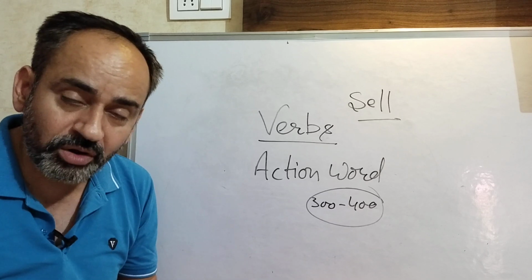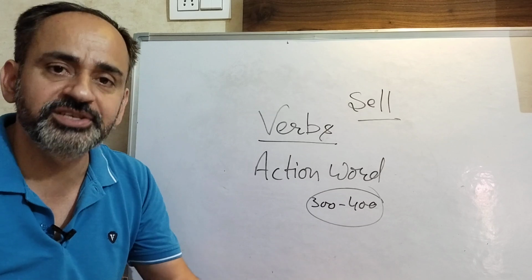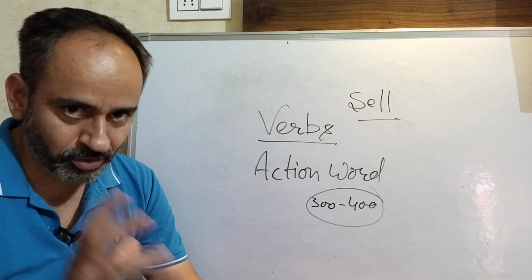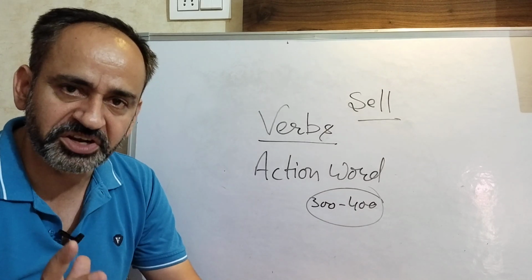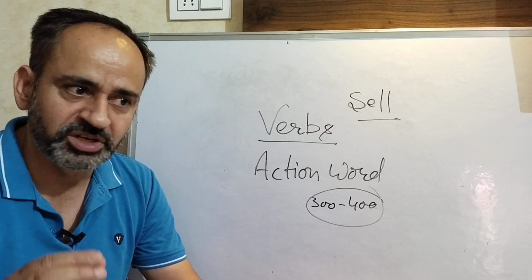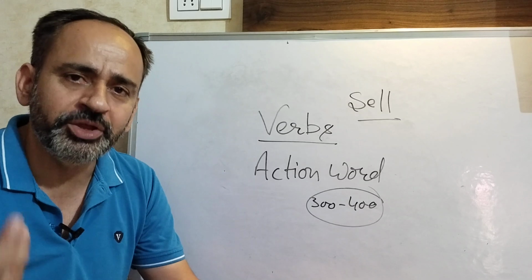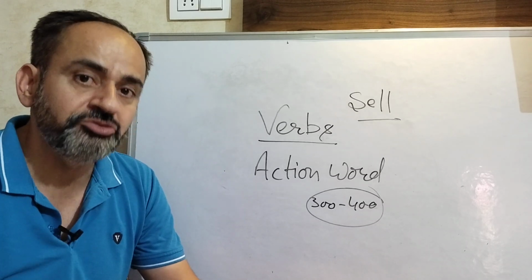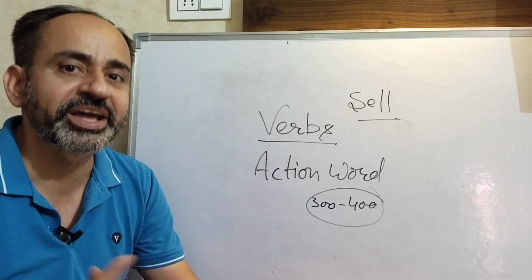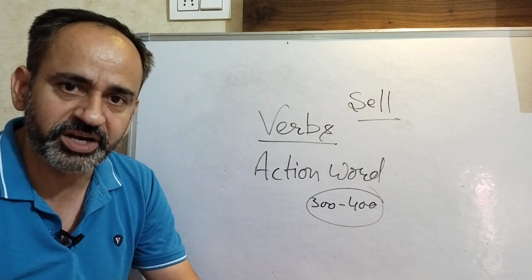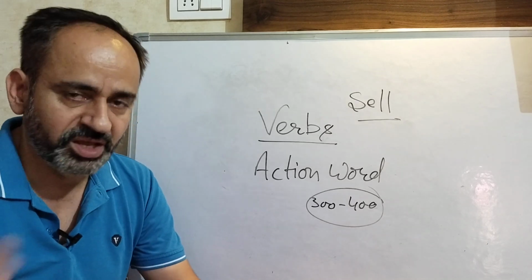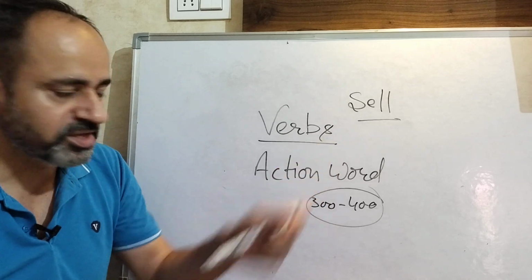If your verb is wrong, your whole sentence is wrong. So focus on verbs. Daily make a habit of learning new action words, 20, 30, 40 depending upon your capacity, how many you can remember, and after that you must use them in your language. Try to speak with your friends, use them in your writing, then you will be able to master the verb.